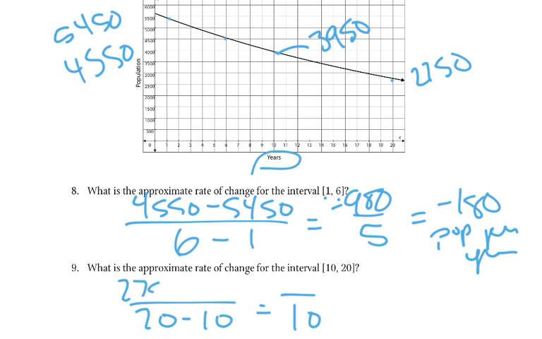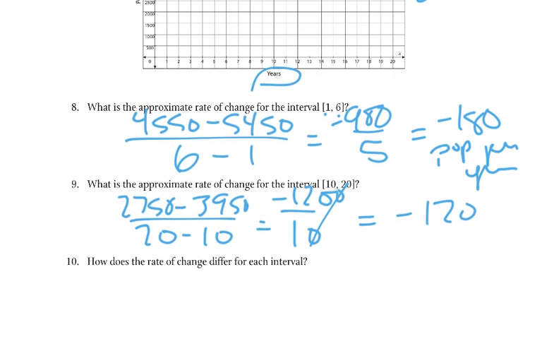So 2,750 minus 3,950 gives me negative 1,200, divided by 10 is negative 120. So from years 10 to 20, we're losing 120 people per year.